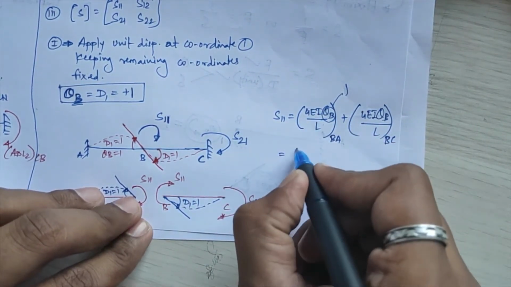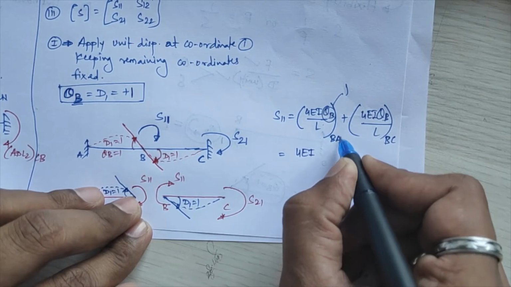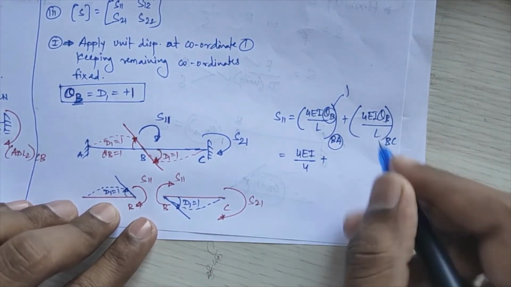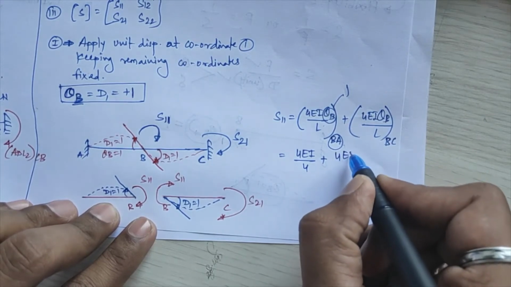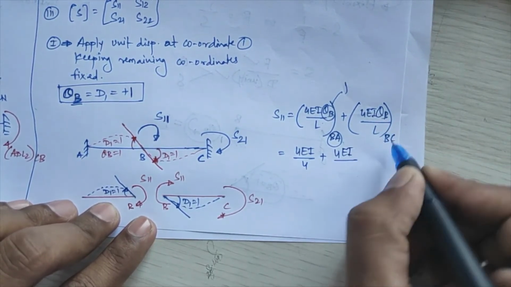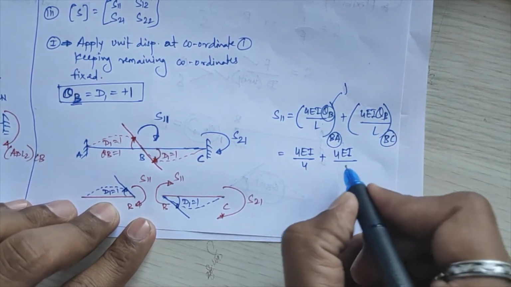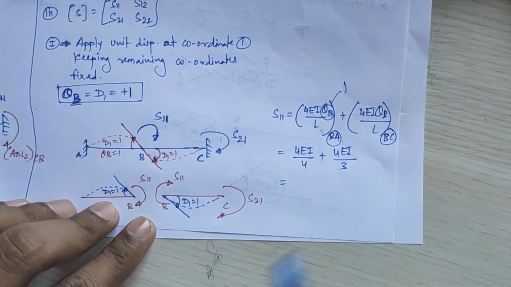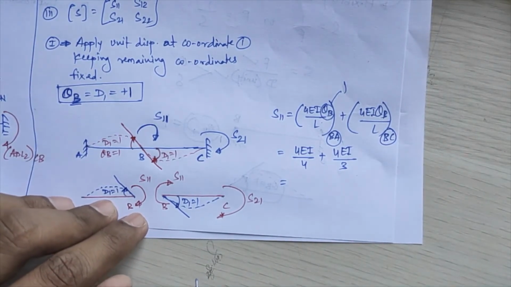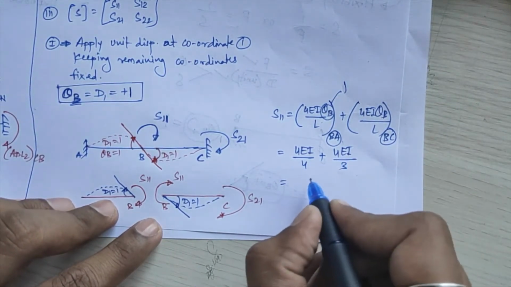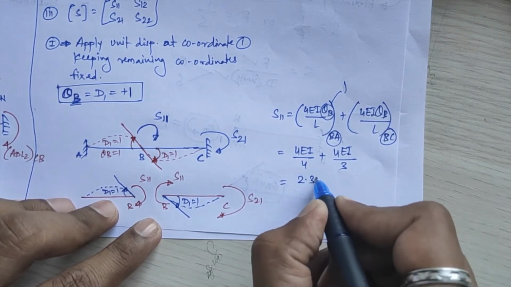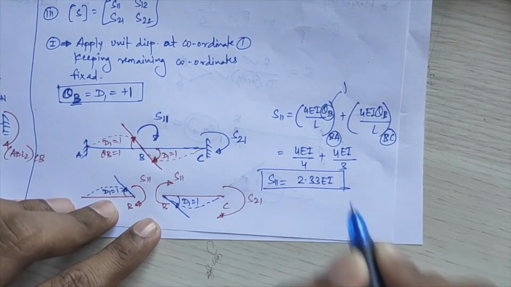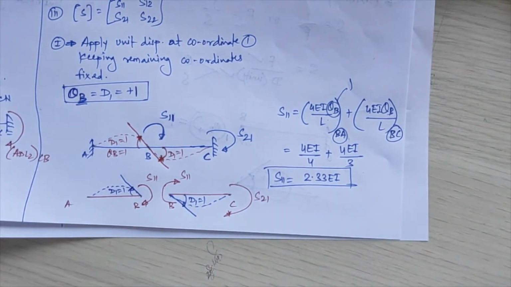So 4EI upon L for member BA, where L is 4, plus 4EI theta b, with theta b equal to 1, divided by L of member BC, where L is 3. So 4 by 4 becomes 1 EI, and 4 by 3 becomes 1.33. The total will be 2.33 EI, that will be your S11 value. So here I have got S11.